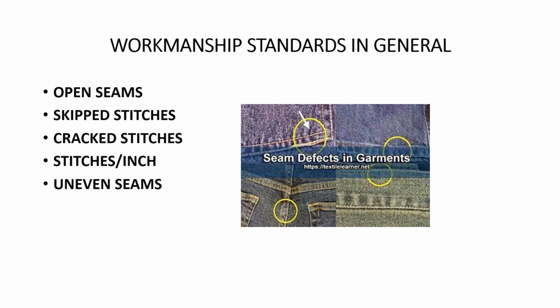So that means the workmanship of a particular product is under doubt, and workmanship can be hampered due to open seams, skip stitches, cracked stitches, then wrong stitches per inch, uneven seams, etc. So those must be controlled, the workmanship standards in general.